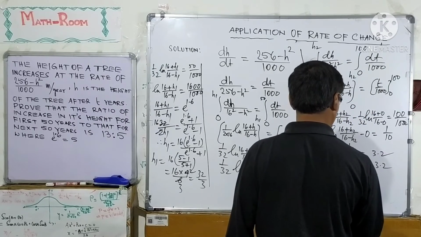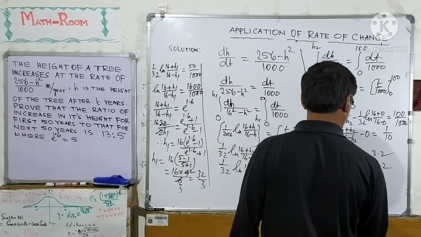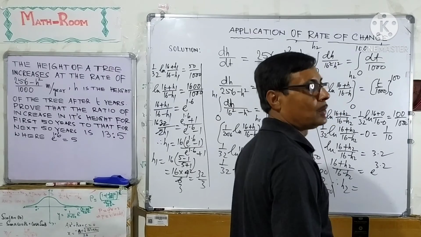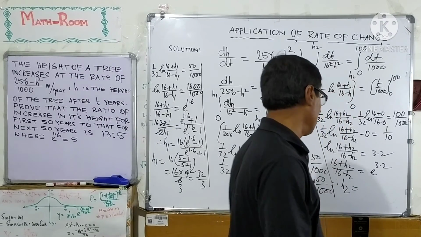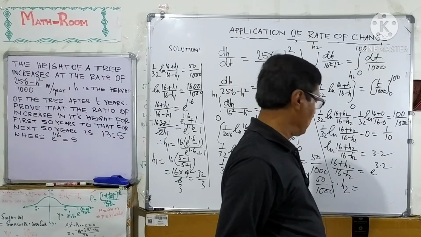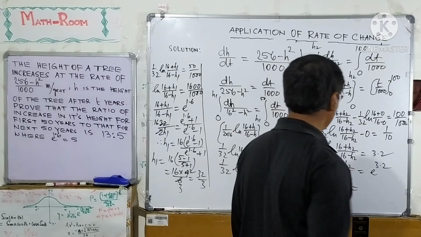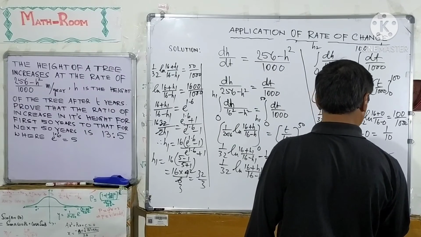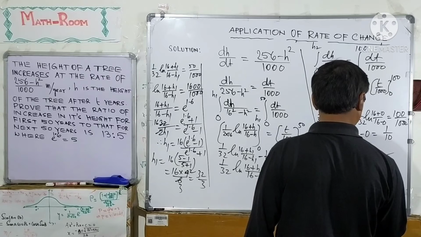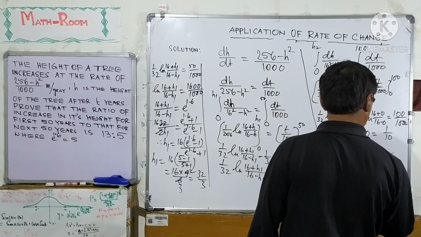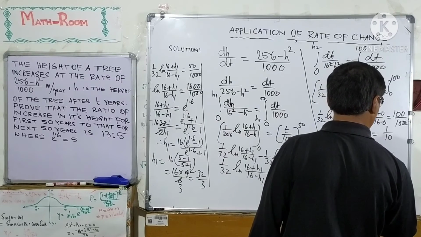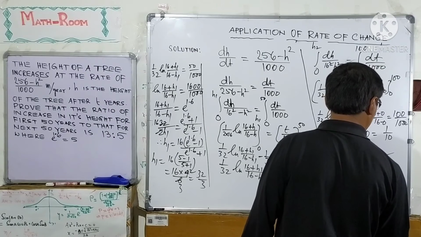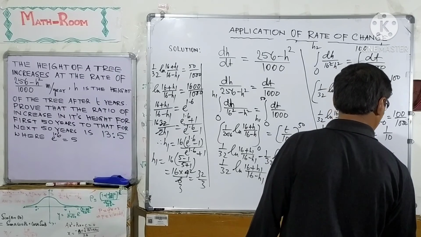So, in a similar manner, using componendo and dividendo to calculate the value of h2, we get h2 equal to 16 times (e to the power 3.2 minus 1) over (e to the power 3.2 plus 1).